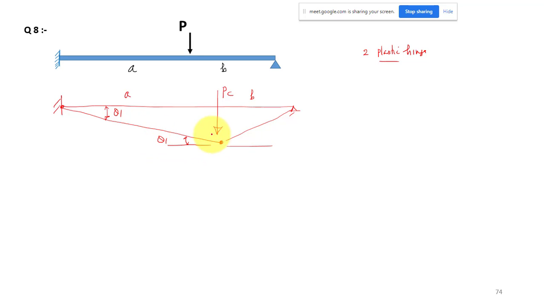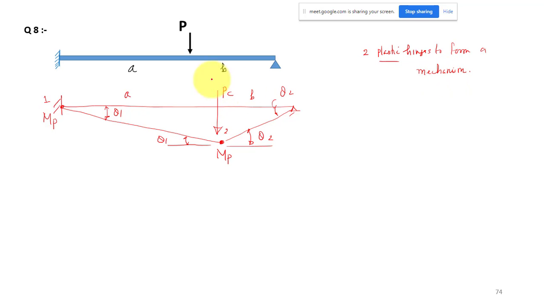This angle will not be theta 1, it will be theta 2, something different. This is also theta 2, and this is a plastic hinge with plastic moment MP here. It is another plastic hinge, so this is the first and this is the second hinge. We need two plastic hinges to form a mechanism, and only then will your beam fail. You have to load up to that point, and that is your corresponding collapse load.